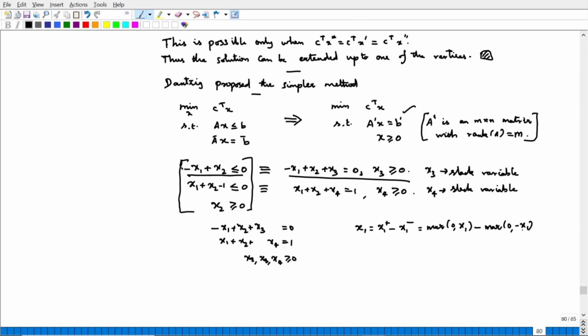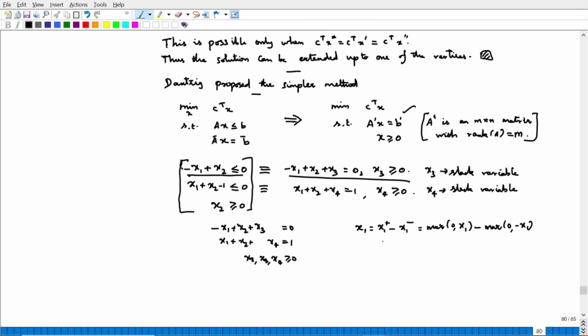So, max of 0 comma minus x1 will be minus x1 itself. For example, if x1 is 4, then x1 plus is 4 and x1 minus is 0. If x1 is minus 4, then x1 plus is 0 and x1 minus is 4. Because of that, you can see that both x1 plus and x1 minus are non-negative.